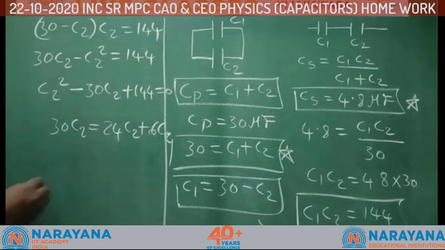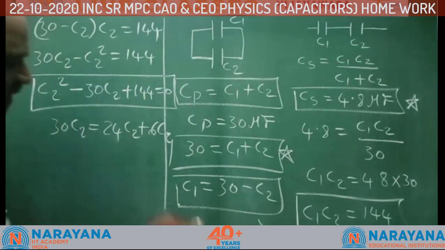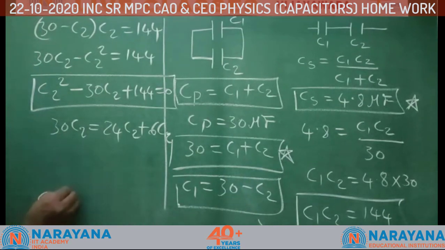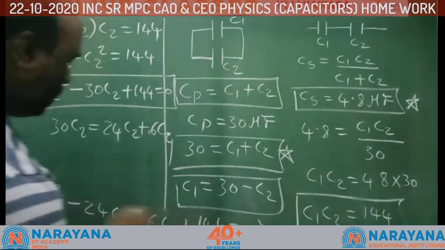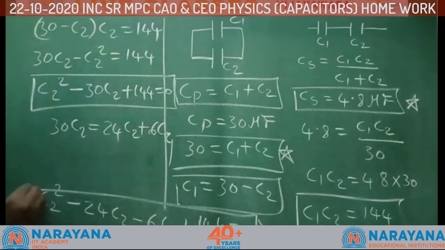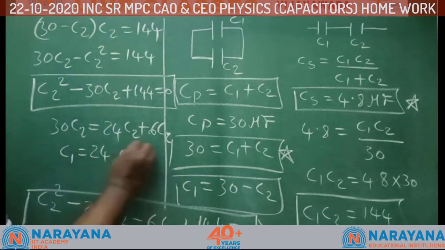Then the equation can be rewritten as C2 square minus 24 C2 minus 6 C2 plus 144 is equal to 0. After factorization we get C1 is equal to 24 microfarad and C2 is equal to 6 microfarad.